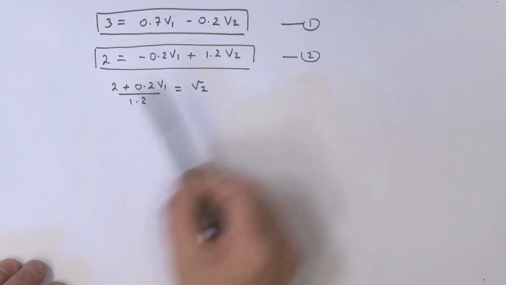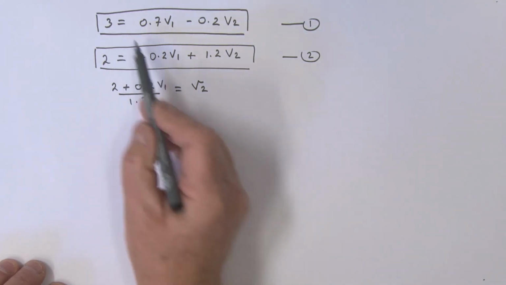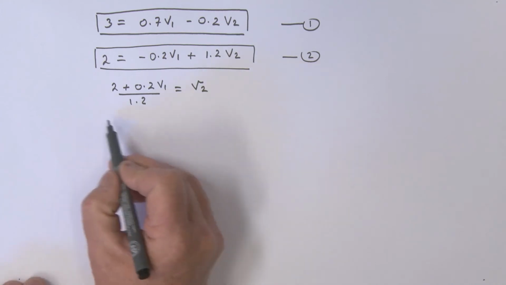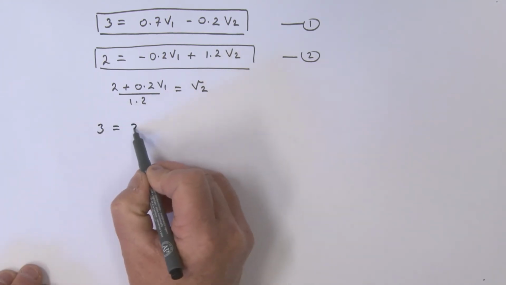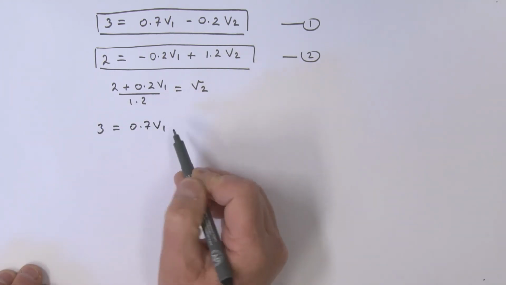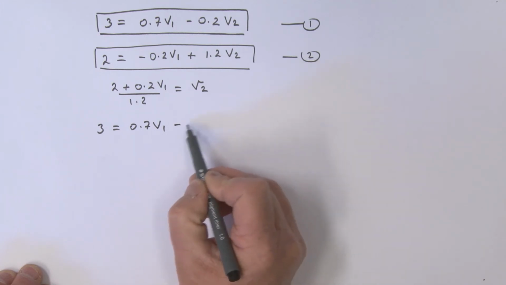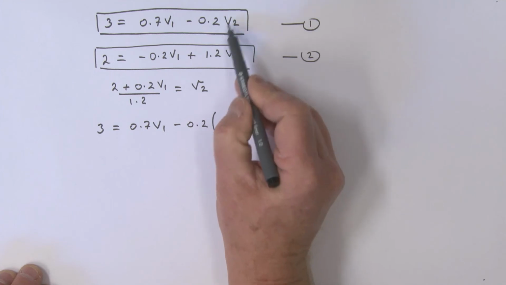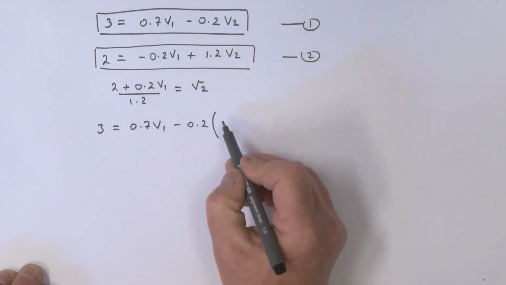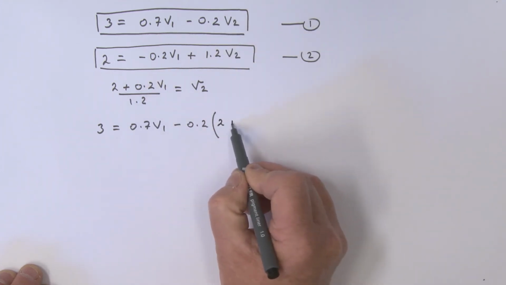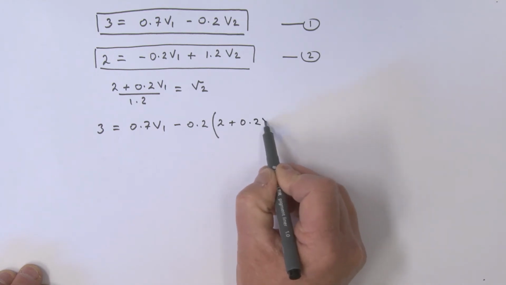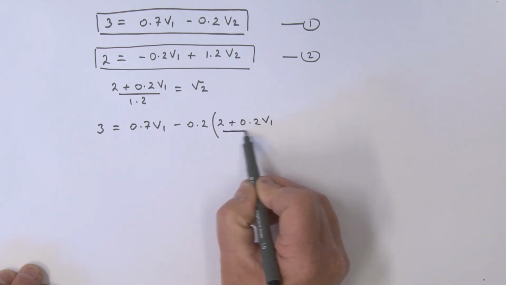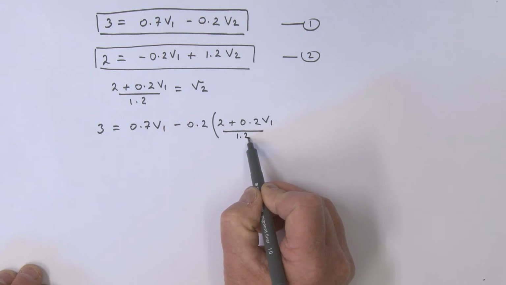All right, putting this in then, looking at this equation here, we have 3 is equal to 0.7 V1. And that's a minus, I'll put the 0.2 there, and let's open up a little bracket here. We're going to replace V2 with this. So we have 2 plus 0.2 V1, and that is divided by 1.2.